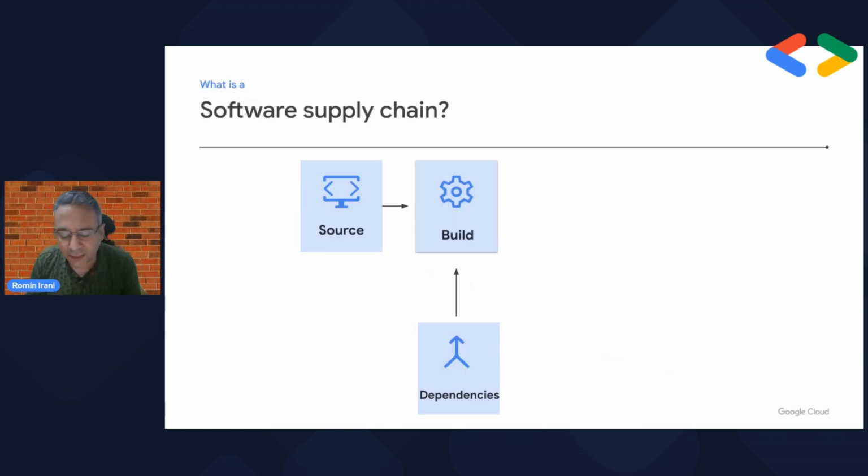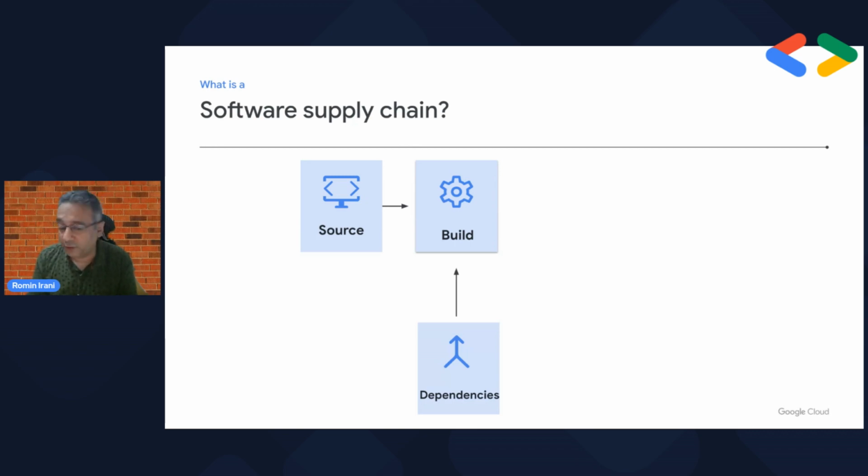First up, I just wanted to highlight a typical build process that's out there. What you're seeing is a very high level overview. As a developer, you've got some source code and you use some dependencies. These dependencies could be the other libraries that your application depends on to build out.